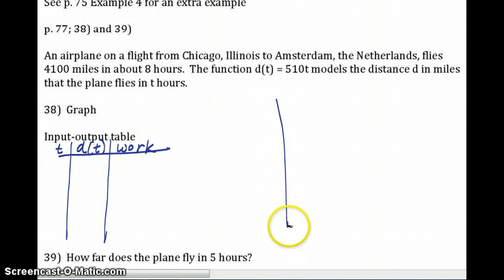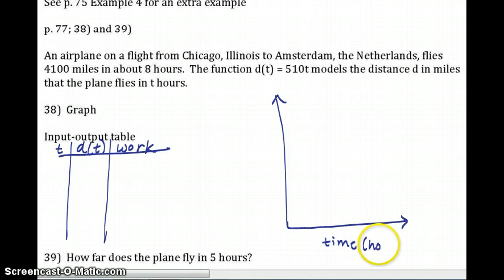Typically, these are quadrant 1 graphs. Our t is going to be our time, and that's going to be in hours. Time can be other things. And then our output, this is our input, our t values, and then our output is going to be our distance in miles.